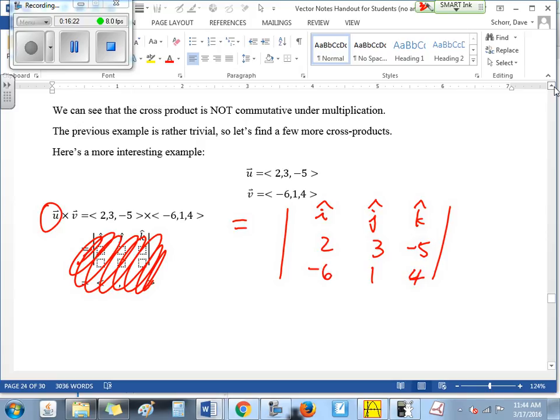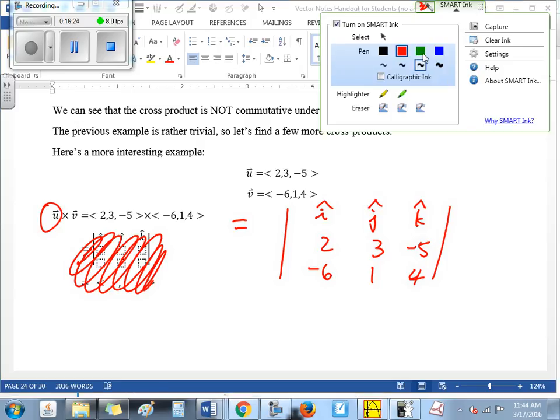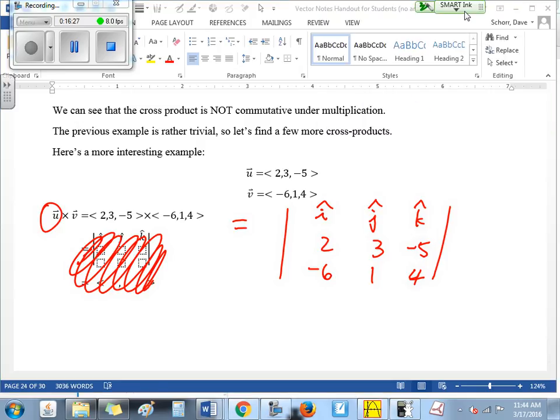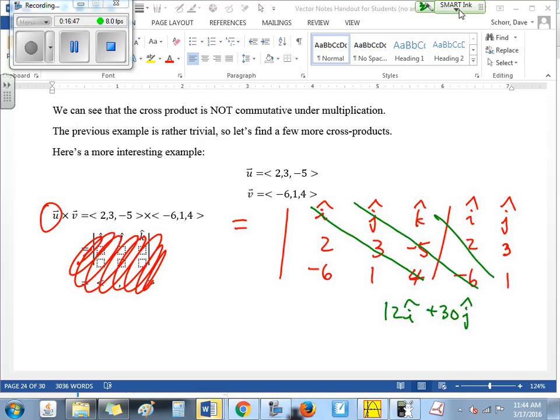Okay, good. Alrighty, let's do our diagonals. So, first we have to copy the inside 2 columns to the right of the bar. So, I hat 2, negative 6, j hat 3, 1, and follow the little green lines. 12i, 30j, 2k. Follow the blue lines.